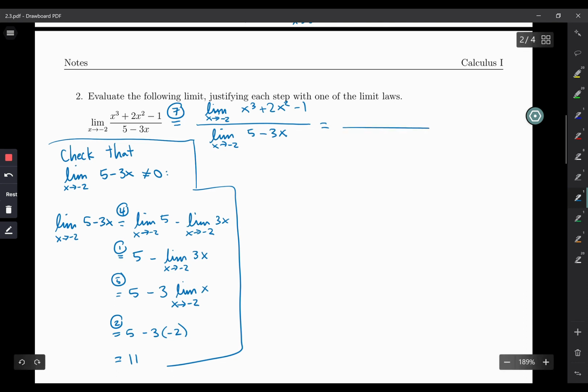So this will be over 11, and then the top just stays the same. It's 2 minus 2.